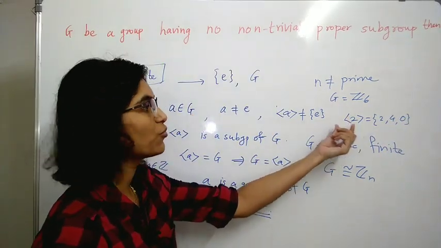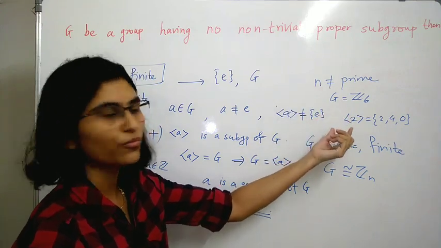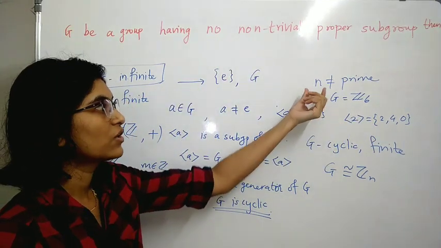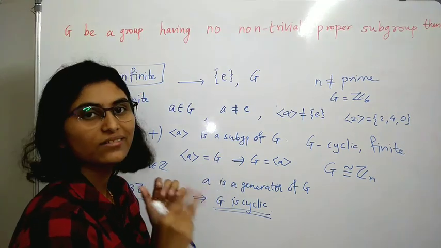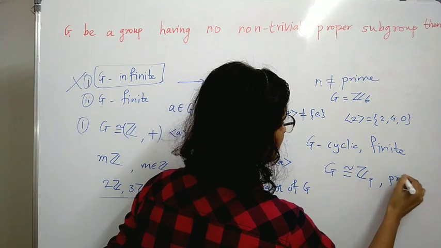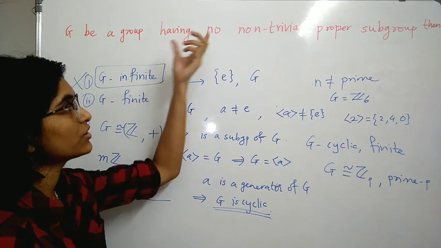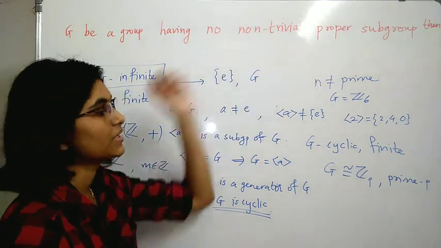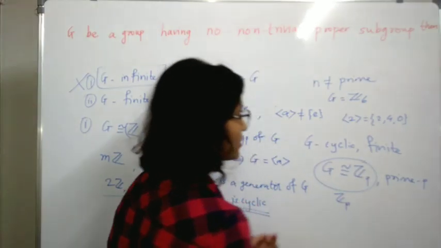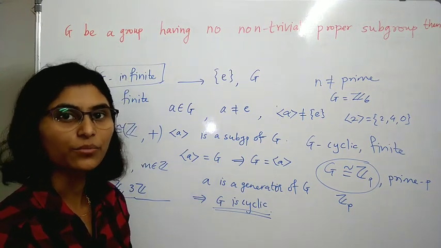It is a subgroup of order 3, which is a non-trivial proper subgroup of this group Z6. So this condition is not true in this case. So n not prime is not the case. Therefore this n must be prime, say P, for some prime P. So whenever we have G with no non-trivial proper subgroups, then that G must be isomorphic to Zp. That is, it is a finite cyclic group of order P for some prime number P.